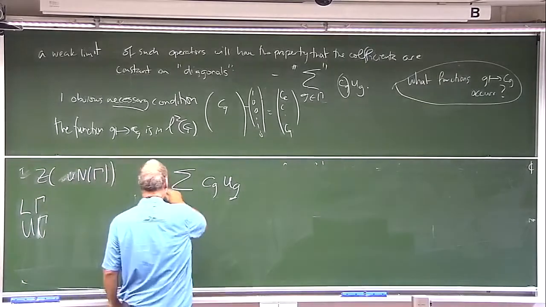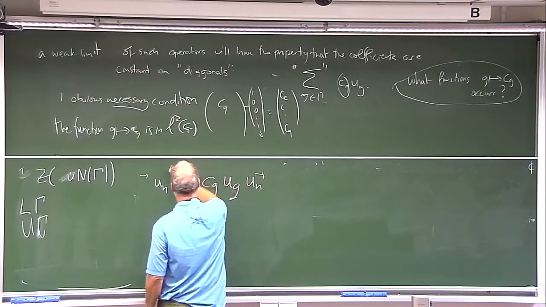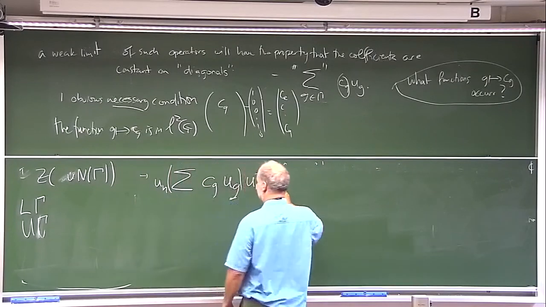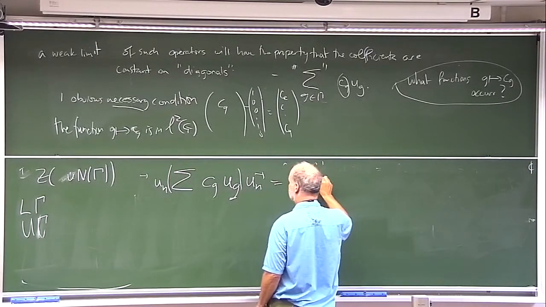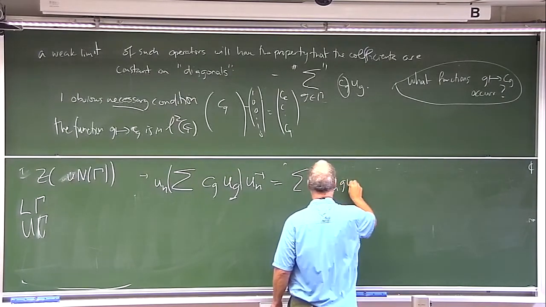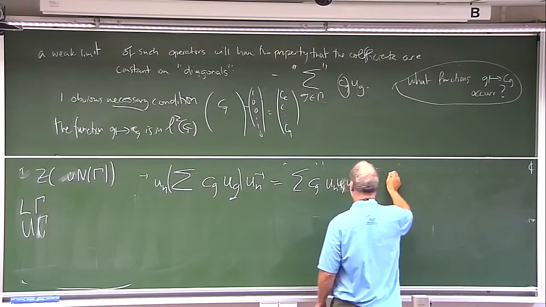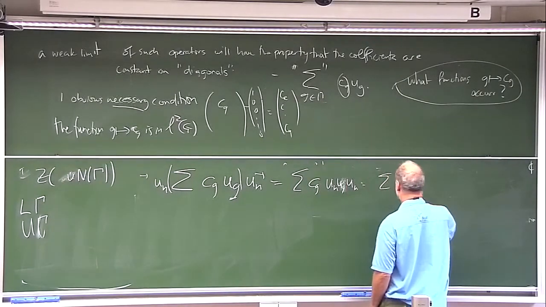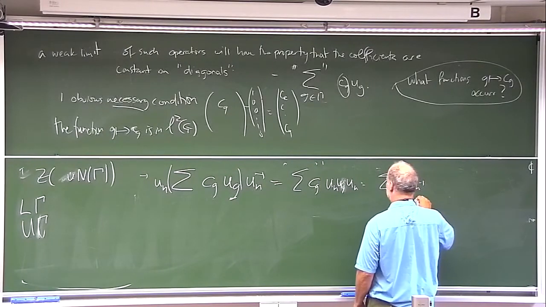Well, it's not hard to convince yourself of the following calculation. You can do this in a dozen ways, and it just obviously has to be true. But this is the sum of CG UH UG times UH inverse. Something like the sum of C HGH inverse UG.